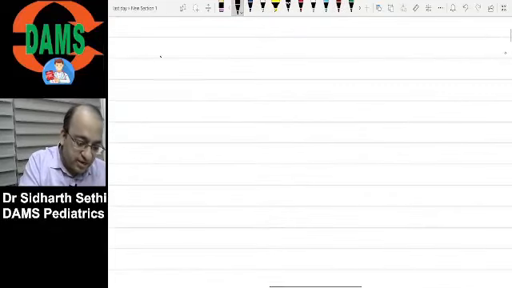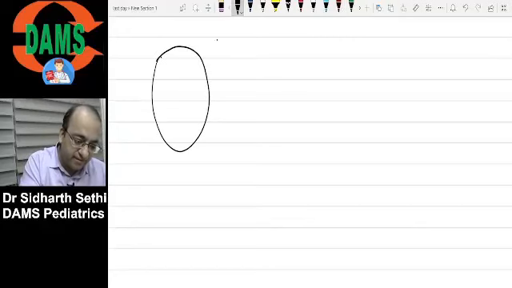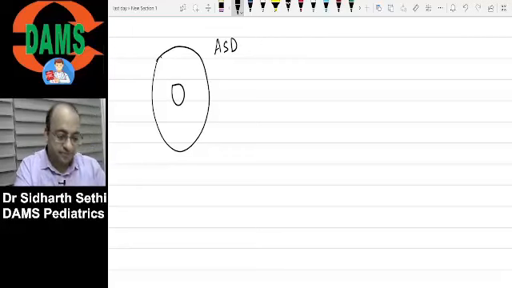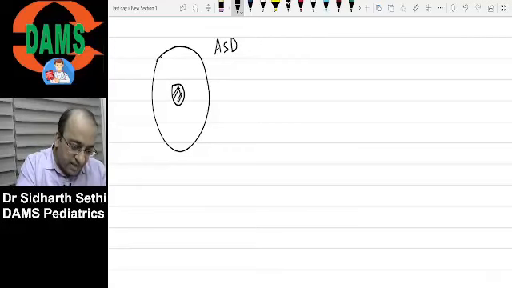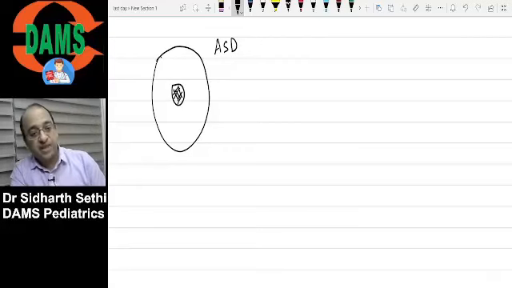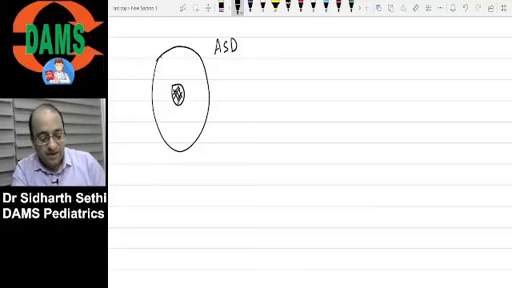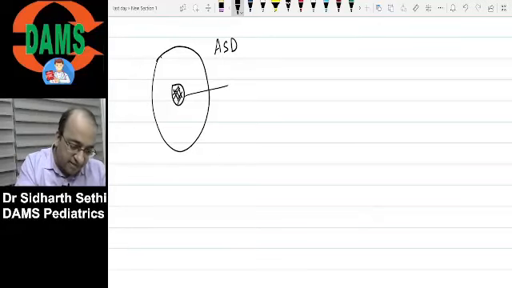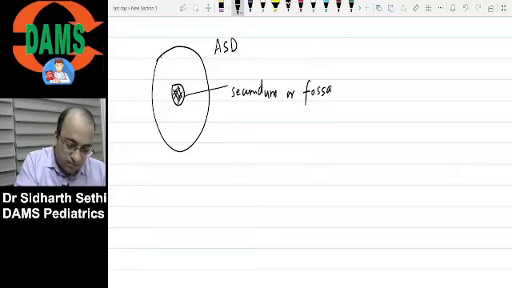Suppose this is your atrial septal defect. Right in the center, at the level of foramen ovale, is a defect called ASD secundum, which is also called fossa ovalis ASD.